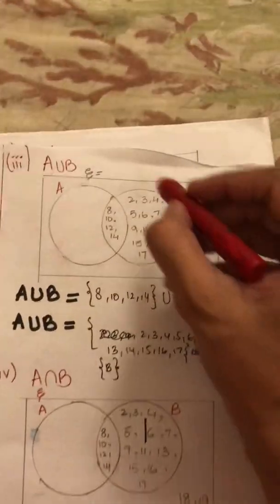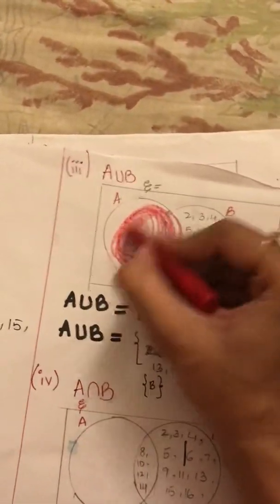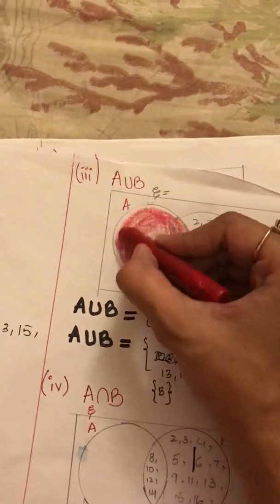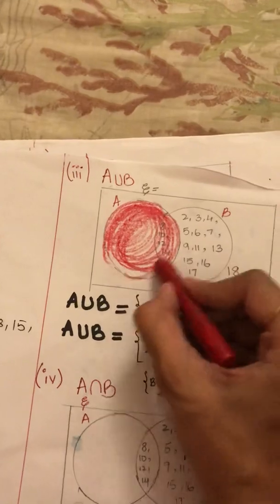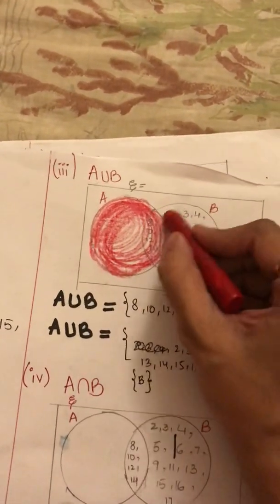Right? So how are we going to shade it? You can write down the elements, or you can also write down just the name of the set. Both answers are correct. I know my shading is not that good.